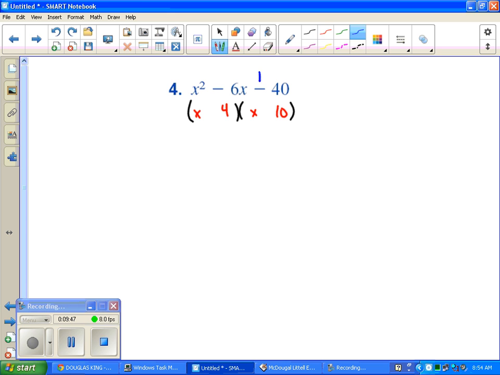Remember, this sign, since it's negative, tells us different signs. This one, since they're different, tells us the sign of the larger number. That says minus. 10 is a larger number than 4, so 10 becomes minus and 4 becomes positive.